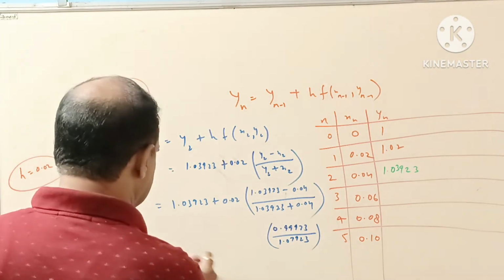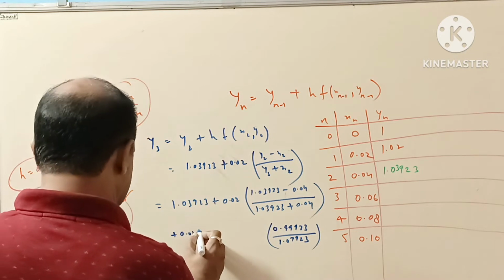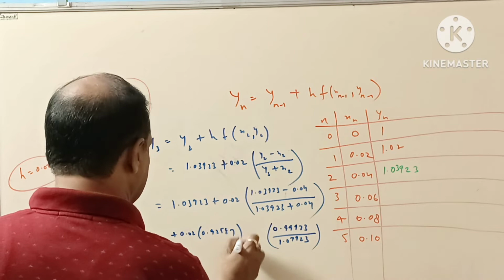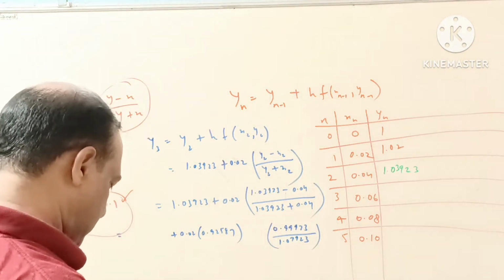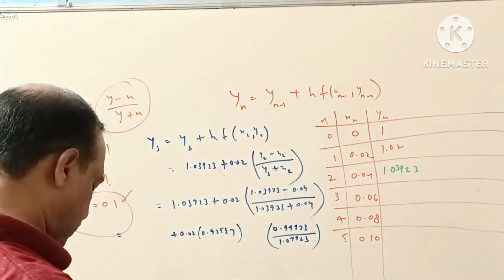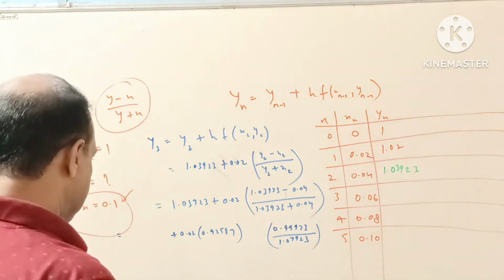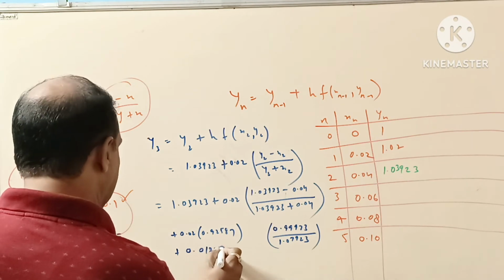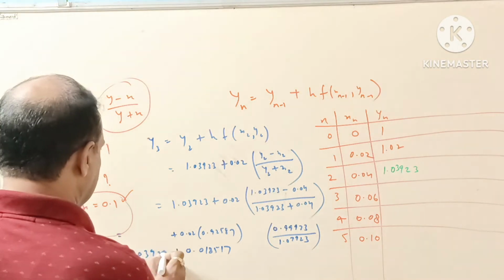So what it means is you are having, I'm just writing it here, plus 0.02 times 0.92587. And if I multiply this by 0.02, what I will be having is 0.018517, and now I have to add it to 1.03923.